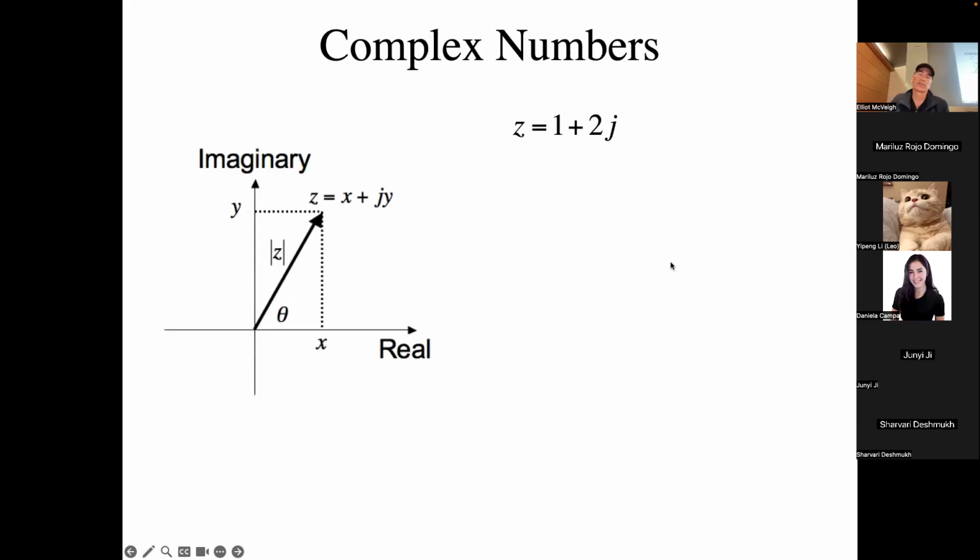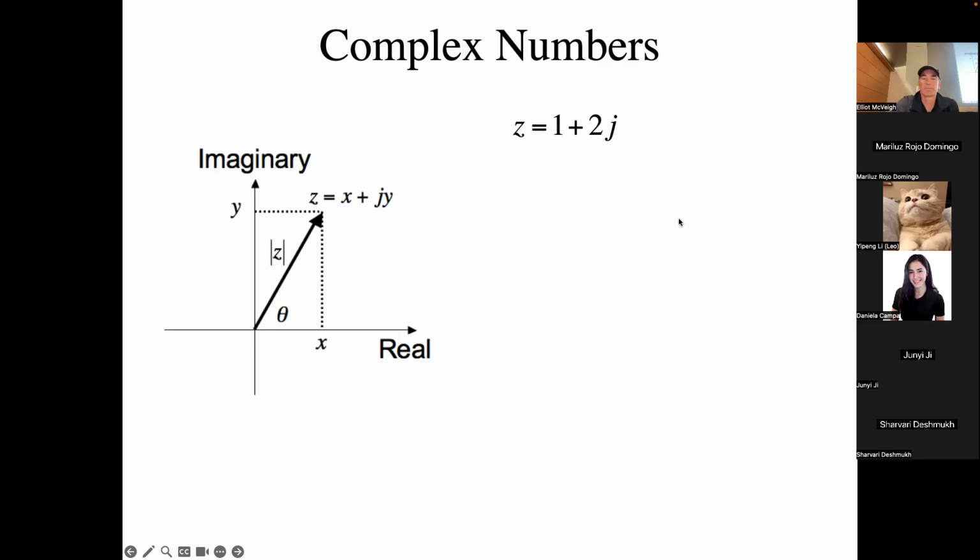Okay, so everybody knows about complex numbers. We're going to use them a lot, especially in MR, where we describe the value of a function by its magnitude in the complex plane, where this is the imaginary direction and this is the real direction, and its phase angle, theta.